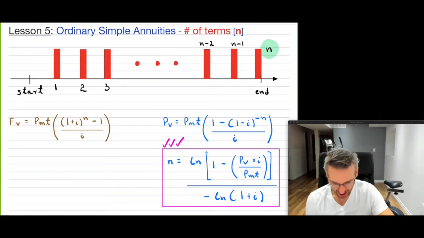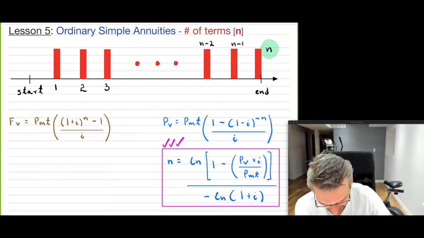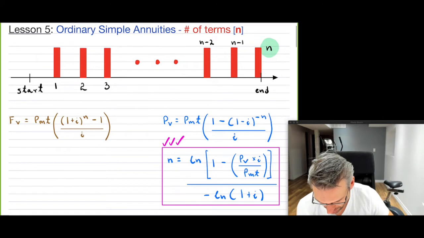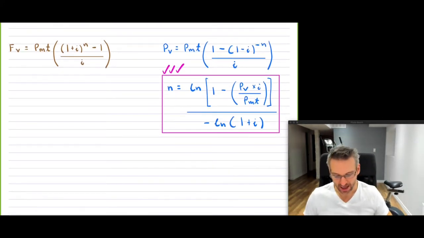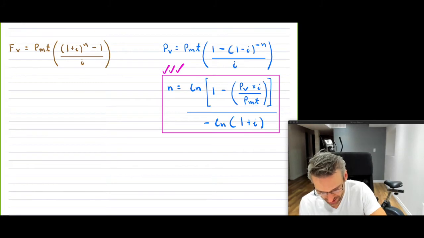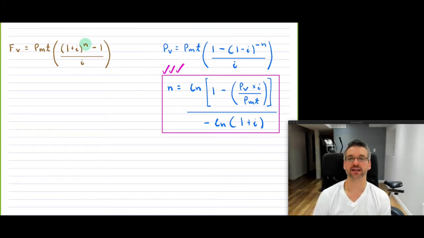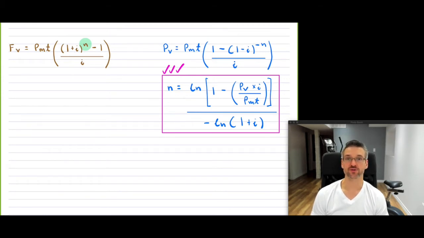So let me take this particular example that you see on the left-hand side, the formula for the future value, and I'm going to do my best to show you how to isolate for that N. Now, the N is in the exponent, and if you're ever trying to solve for an exponent, you know you're going to have to utilize logs, or ln in this case.